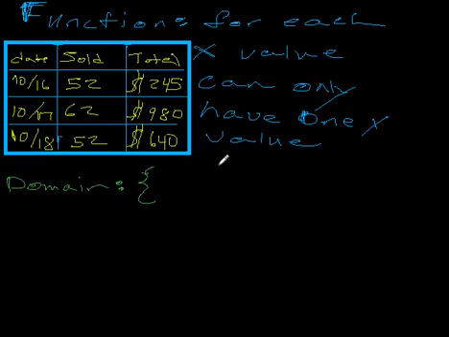Again, remember, domain are x values, and x values are independent variables. So I'm going to say, hey, I sold 52, and I sold 62 on another day. And that's all I'm going to write down. I'm not going to write down this other 52 because we don't rewrite the domain.